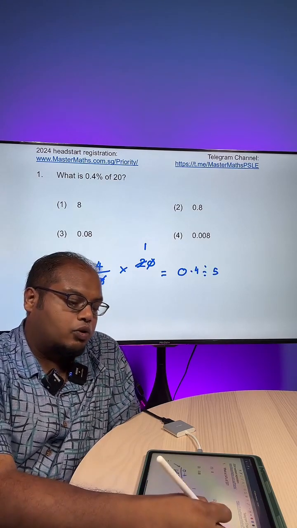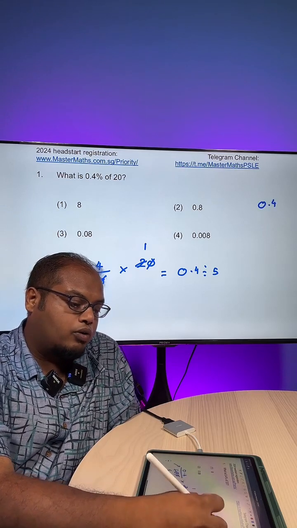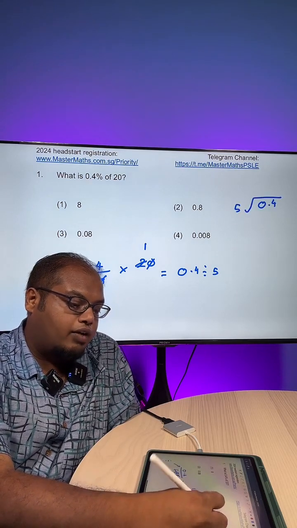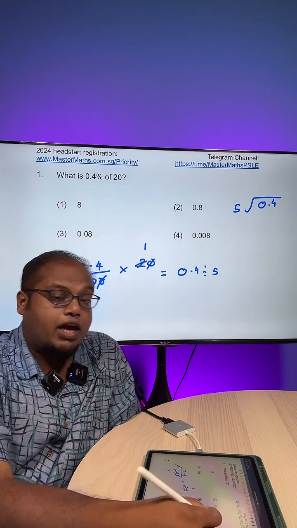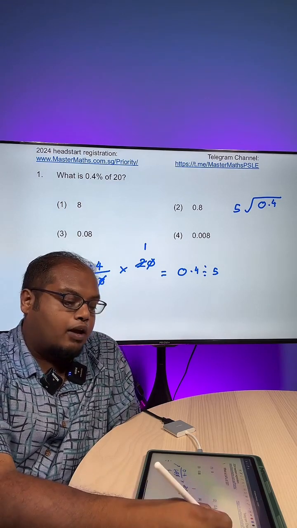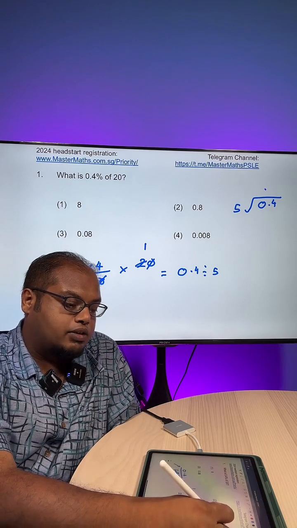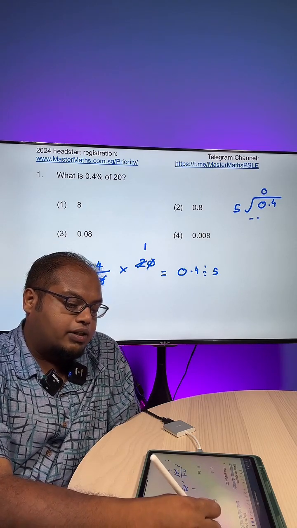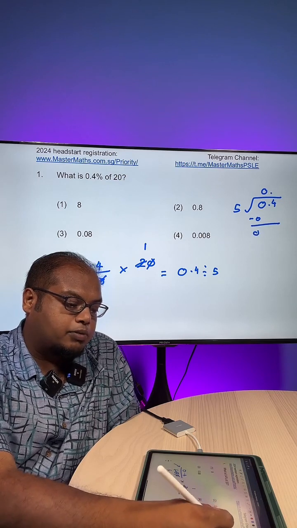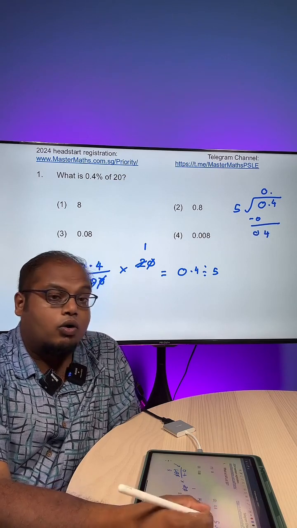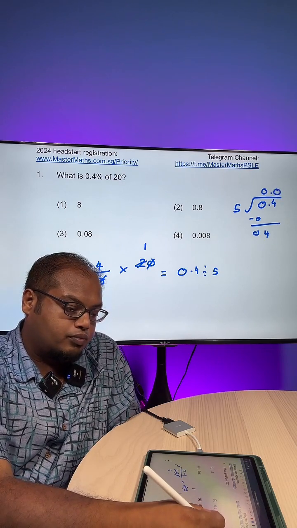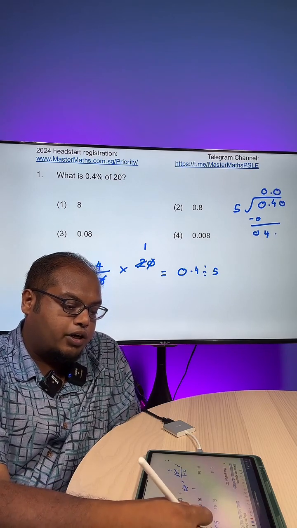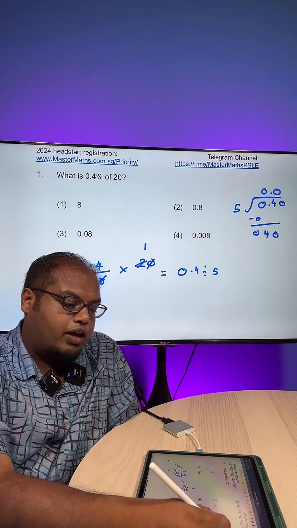So we do 0.4 divide by 5. We can ignore the decimal point first. 0 cannot, minus 0, 0, then put a decimal point, bring down the 4. Still cannot, so I put another 0 and bring down. 40 divided by 5 is 8.